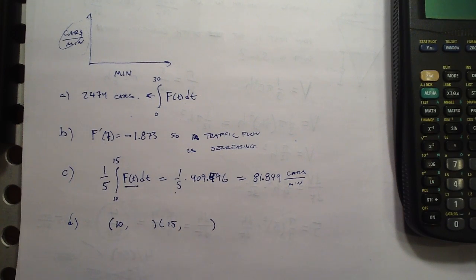We're finding the slope between these 2 points. These are actual traffic flow values, and the average rate of change is just the slope between those two. An average rate of change is just a slope using 2 points.